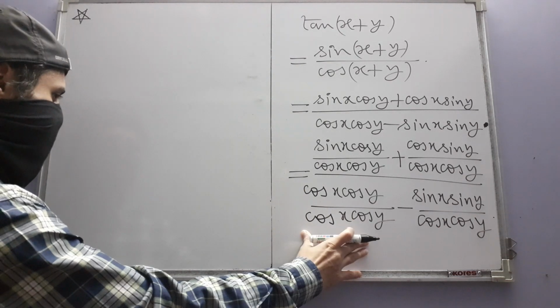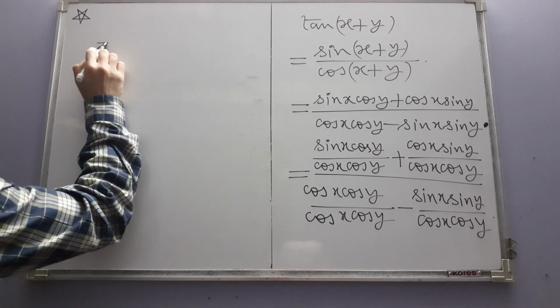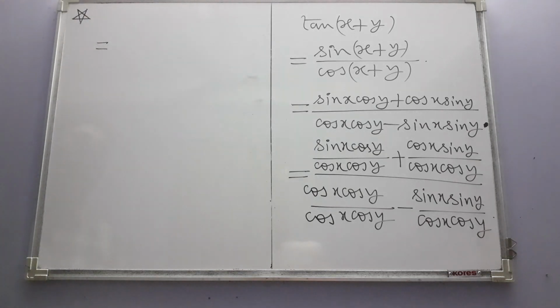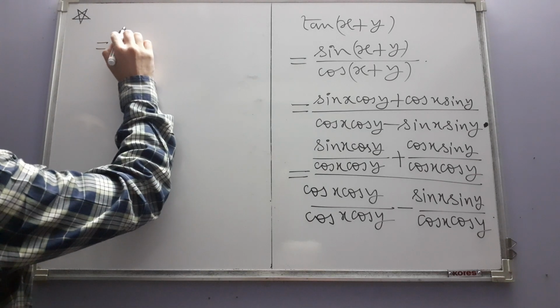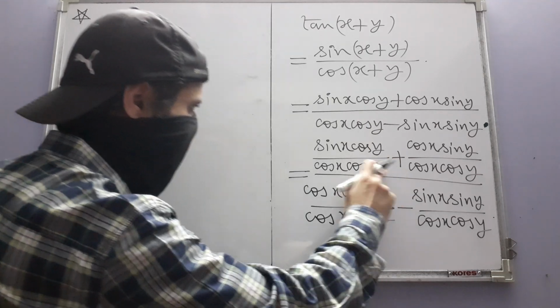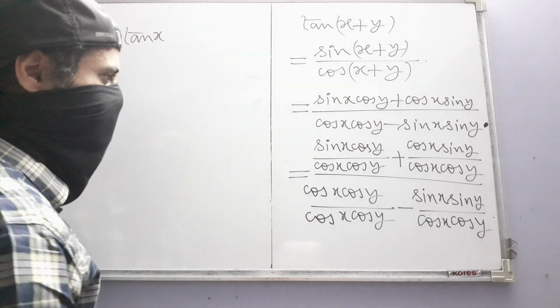It is like this, keep it here. In the next step, you will write 1. Sin x divided by cos x is tan x. Cos y cancels out. And again, because cos y is non-zero.